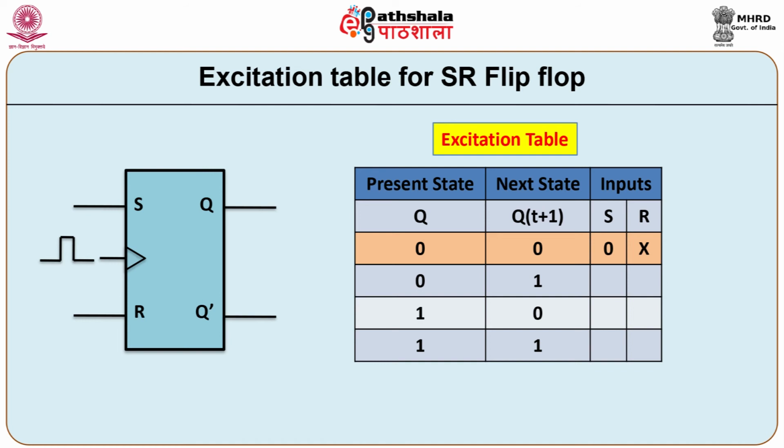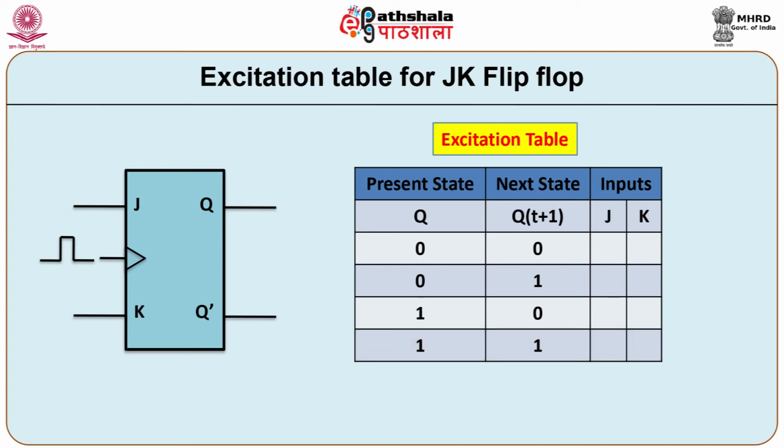Here x means do not care condition, that is the input can be either 0 or 1. If present state is 0 and next state 1 is desired, then SR inputs should be 1 0. Transition of present state 1 to next state 0 can be obtained by setting SR inputs to 0 1. The SR inputs should be x 0 for 1 to 1 transition of the present to next states.